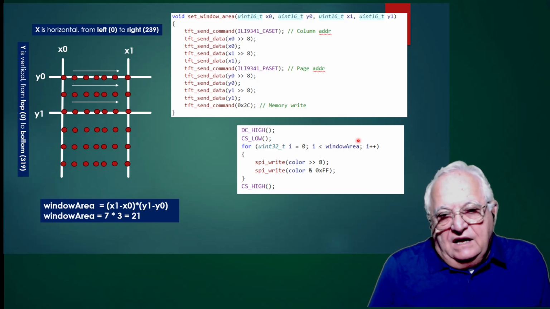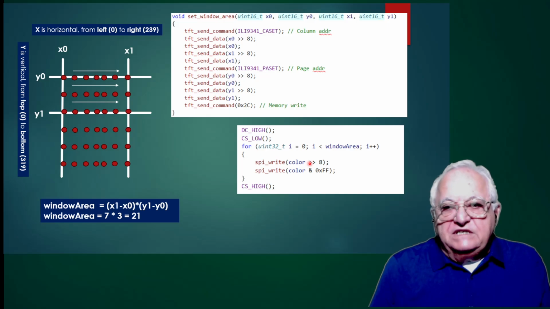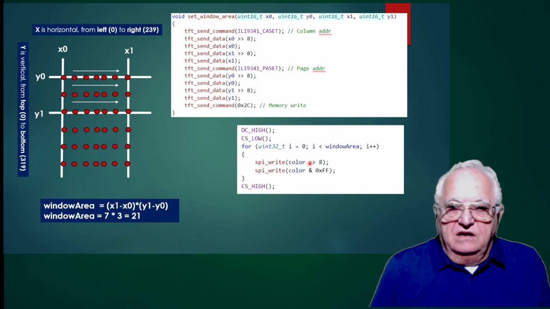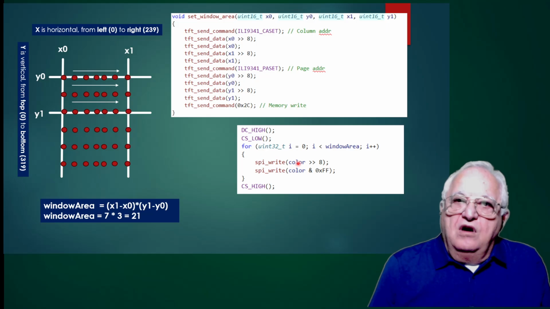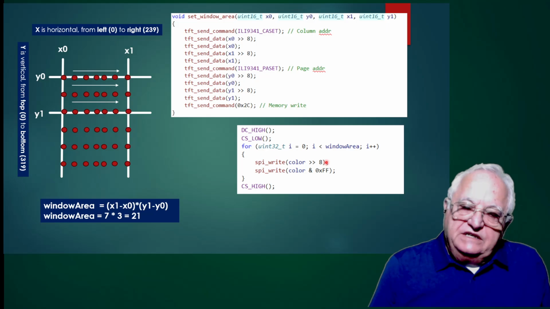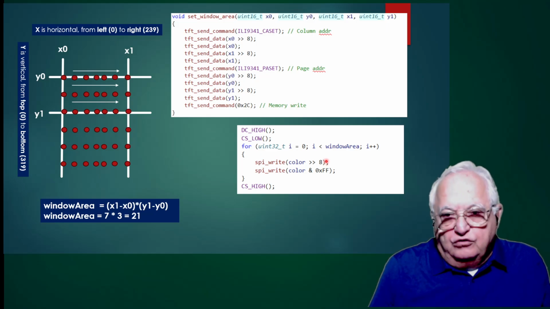Now, the data that I'm sending is actually the color that I want the pixel to be. So in this loop, I send the most significant bits of the color, because the color is a 16-bit word. We're using the 16-bit resolution color.